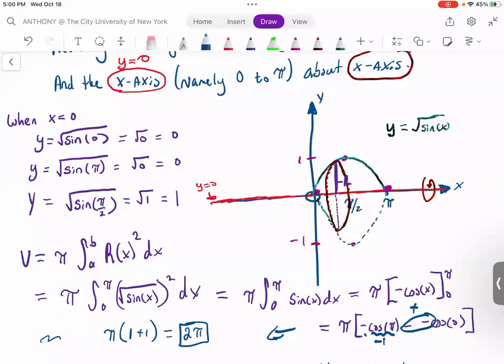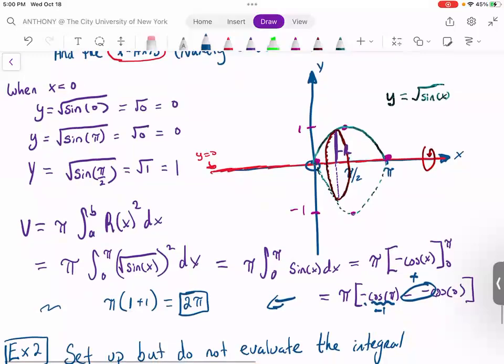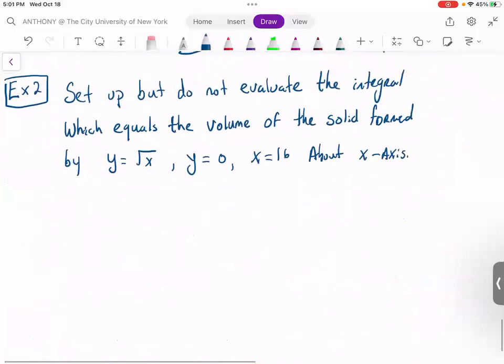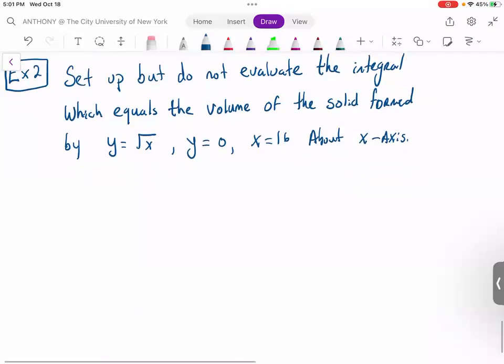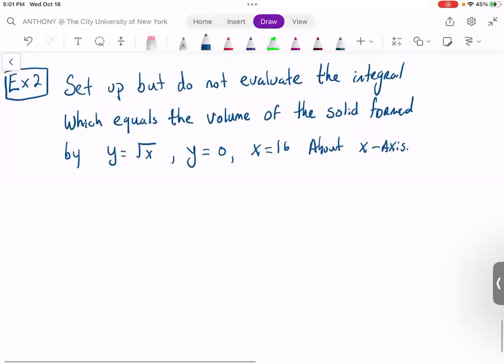This one was a little tricky in terms of graphing. For number 2, we're not going to compute the volume, but we're just going to set it up. So it says set up, but do not evaluate the integral, which equals the volume of the solid formed by y equals the square root of x, y equals 0, x equals 16 about the x-axis.